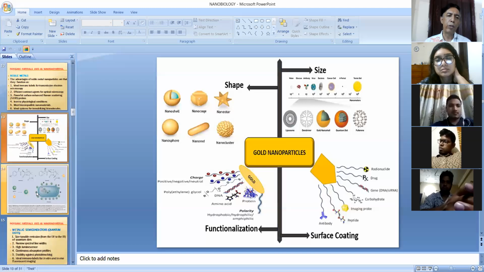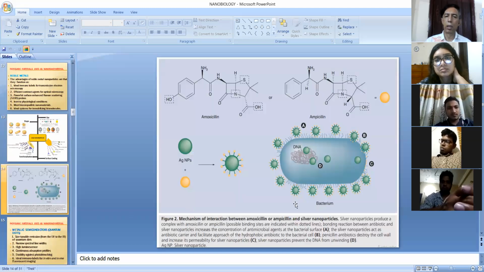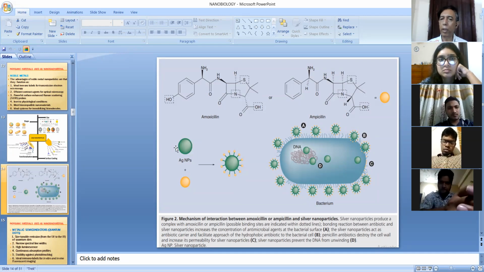Now, if you see here, this is a silver nanoparticle. What it does, how it works, you see here, this is a silver nanoparticle, and this is an antibiotic. Say, for example, this is amoxicillin or ampicillin.